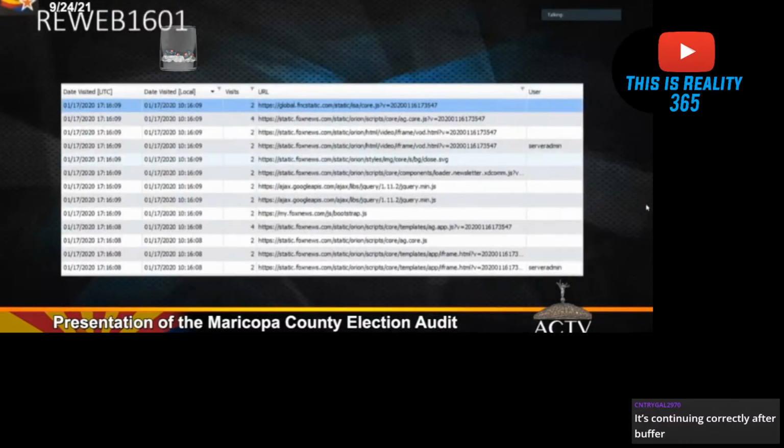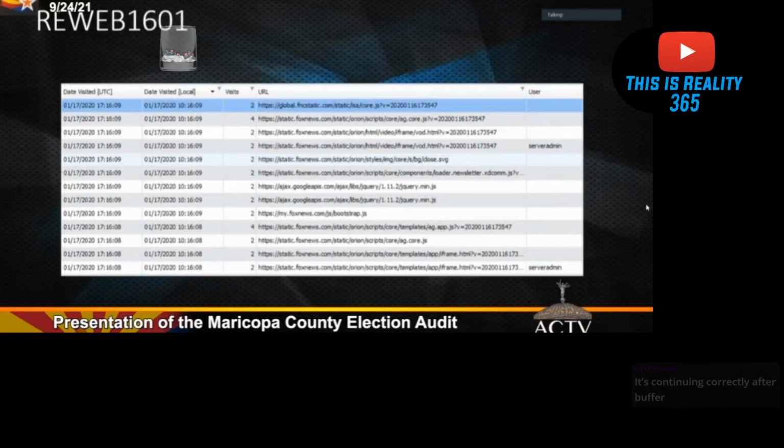Okay, now REREB 1601 is kind of an interesting case. Now once again, we did not receive any network configuration diagram. We did not receive any functional information as to the network. It was one of those things that as an auditor, in most cases, I can go back to the person being audited or the entity being audited and say, what is this?